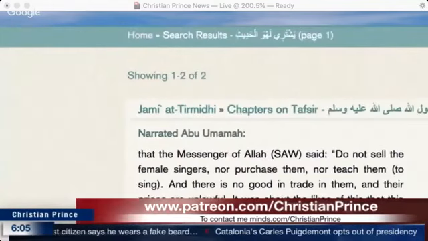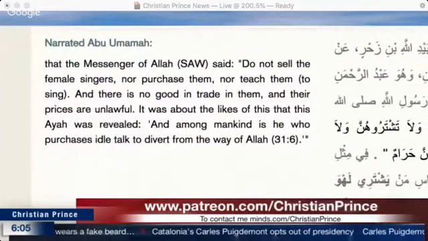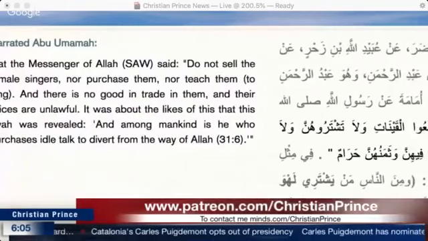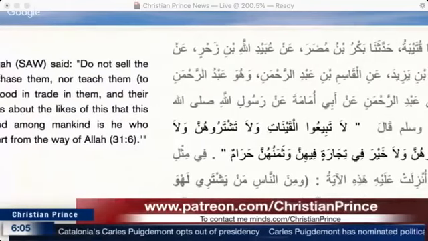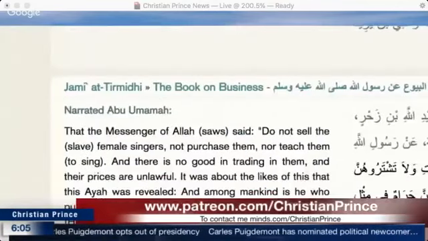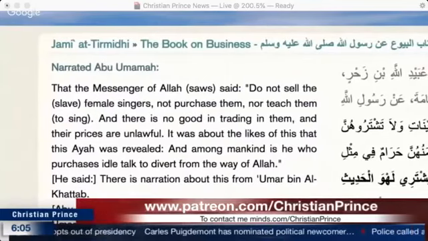So music is a hadith now. Here we go. You see here, Muhammad added many things to this chapter.